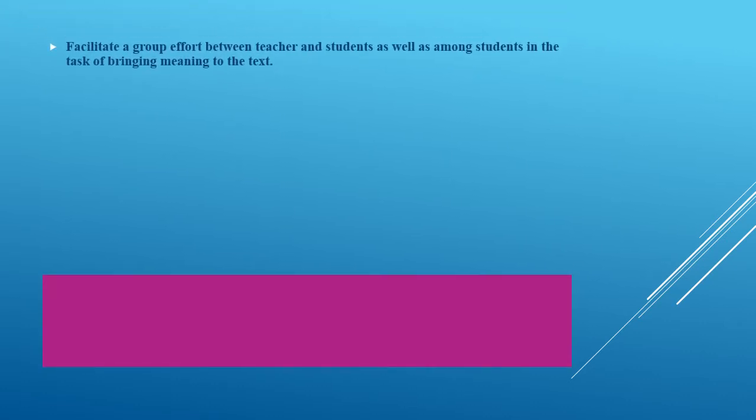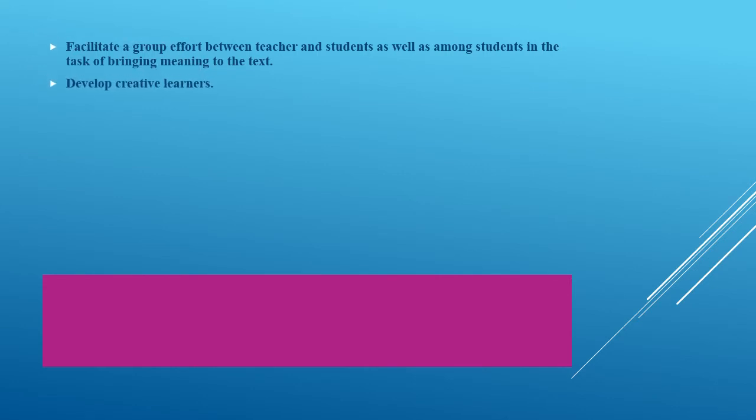Number one, facilitate a group effort between teacher and students, as well as among students in the task of bringing meaning to the text. Here, the teacher, students among themselves, through using those strategies of reciprocal teaching, can understand the text well, can understand what the author wants us to know from the context before us.